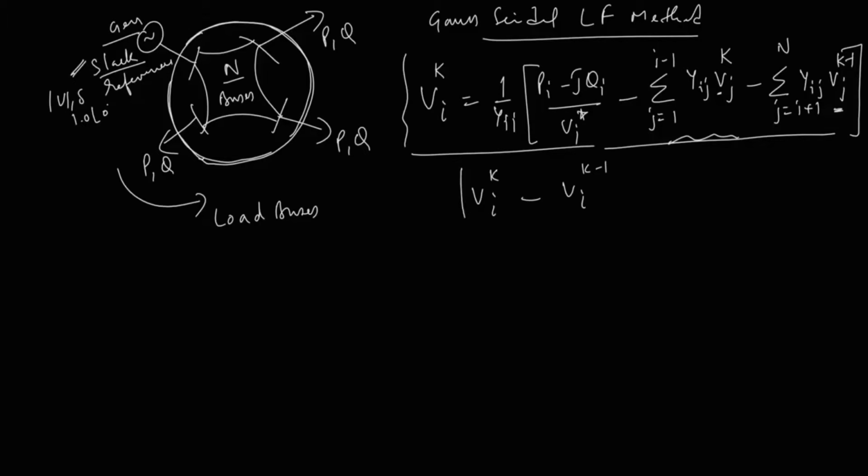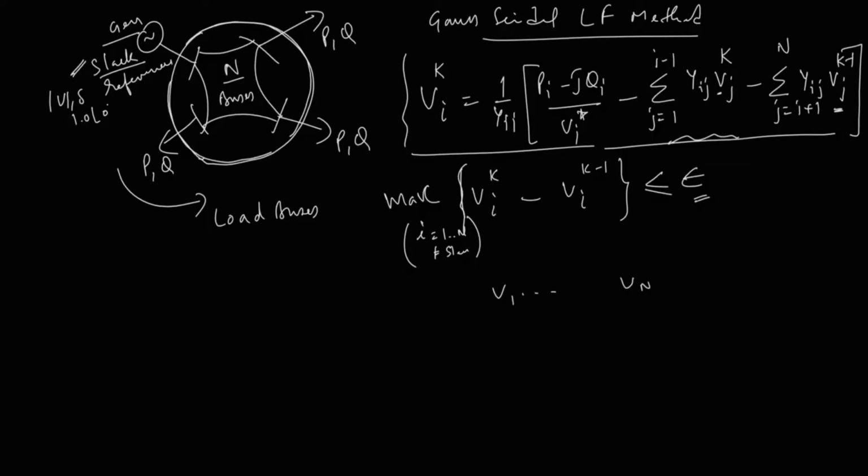If the maximum deviation, where i runs from 1 to n and i is not the slack bus, is less than or equal to epsilon, some predefined value, then we assume the solution is obtained and we can print out the solution for 1 to n.